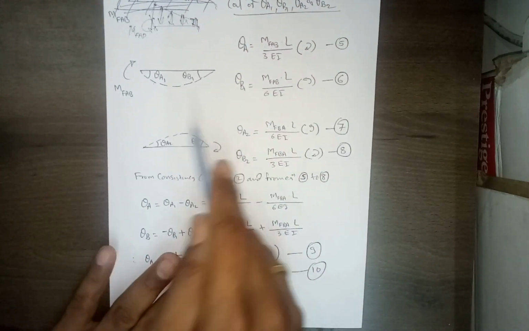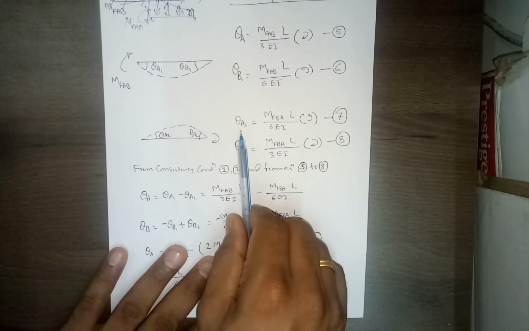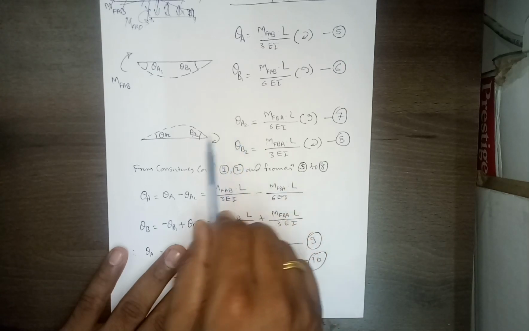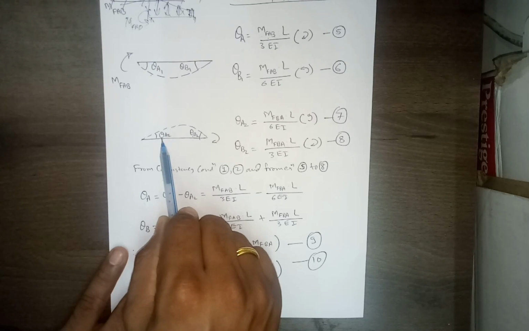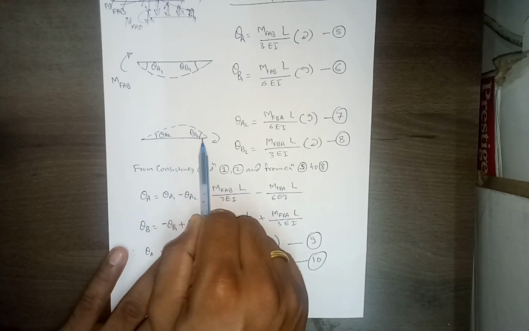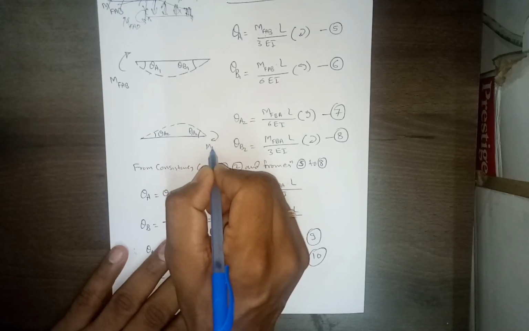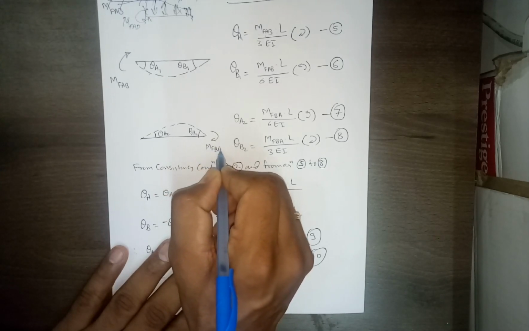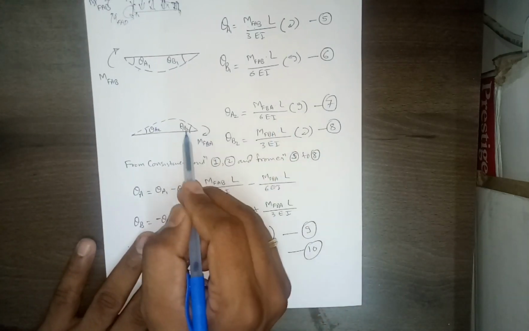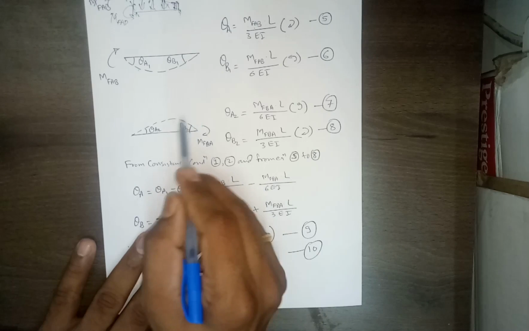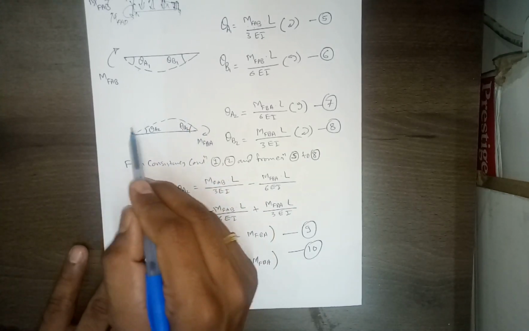So I am not doing that, since we have already done it 2-3 times in previous lectures. Again now we have to calculate theta a2 and theta b2. Now here we will be applying this clockwise moment MFBA. So if you apply this moment MFBA, then you will get the rotation here as clockwise rotation. Here it will be anti-clockwise rotation, right?